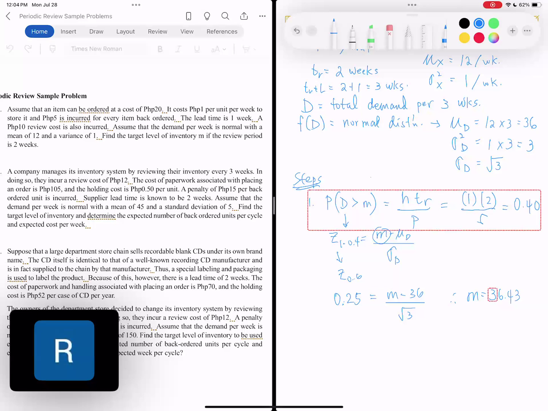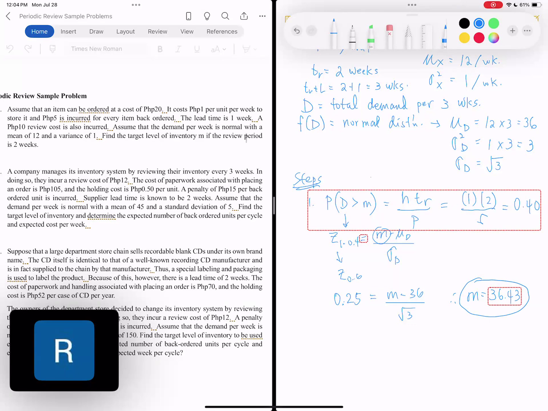Your PowerPoint has 36.44. So this is your first calculation, and that's the first question asked in your problem: find the target level of inventory M if the review period is 2 weeks. So if this is the problem, you're actually done, because it's just the target level of inventory being asked for.